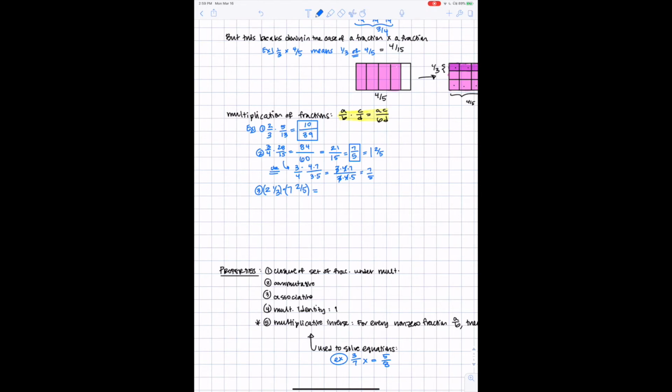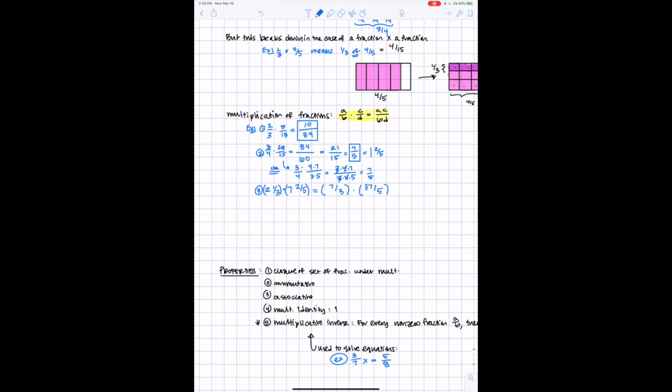So let's start there. The first number is 2 1/3. So 2 is really 6/3, so this is really 7/3. And we're going to multiply that by 7 2/5. And 7 is 35/5, so this should be 37/5.